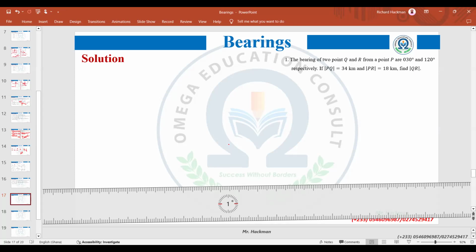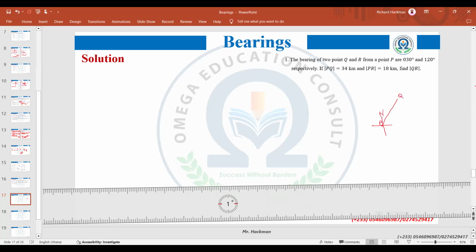So I have a rough picture, usually in pencil. I'm doing it small. So I have a point P. My Cartesian axes will be there, north. From P to Q, the bearing is 30, so it will be here. So this is P, my Q will be somewhere here.